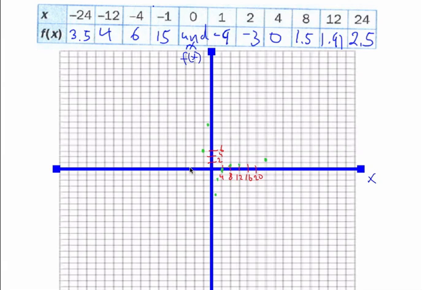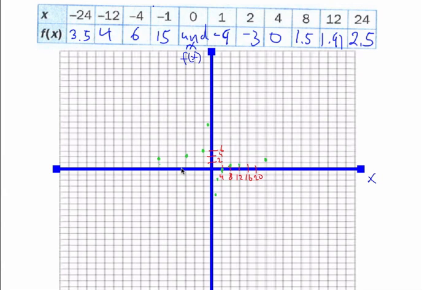Negative 12, 4 is right there, and negative 24. So that's 4, 8, 12, 16, 20, 24. 3.5 is right here. So you can see kind of the shape it's going to be.